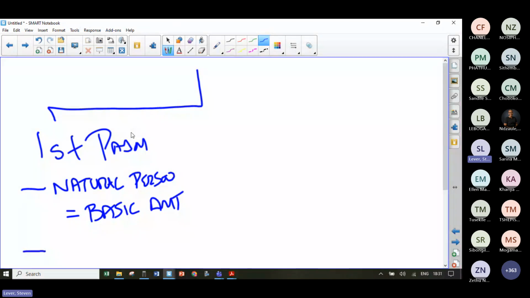If it is a company, guys, you've got to use a reasonable estimate of taxable income for the year. So for companies, you don't use basic amounts. That's not what the Act tells you to do. It tells you to use a reasonable estimate for taxable income.